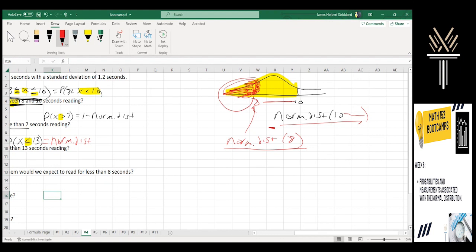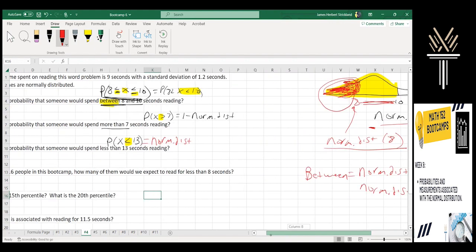So the good news is then, whenever we see between, we just need to do the bigger measurement minus the smaller measurement. And that will always take off that little piece at the end that we don't want, leaving whatever is in the middle. So let's do that first calculation.